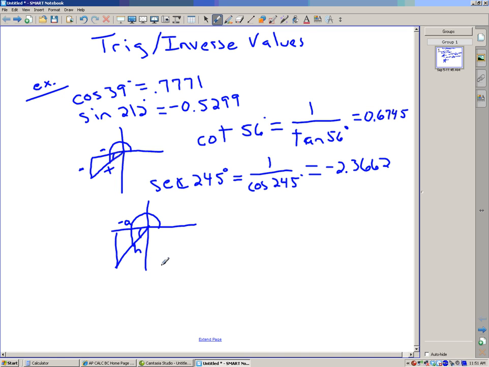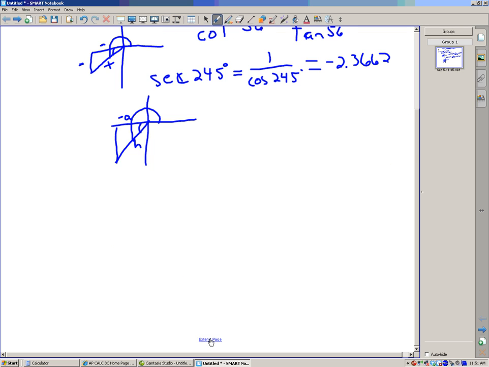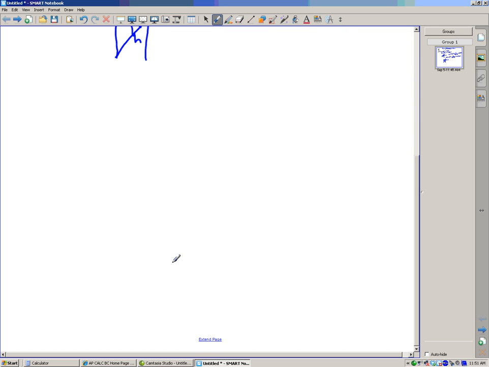So now let's go backwards, and I want to find angles if we know what the sine or cosine or what the ratio was. So let's start simple. Let's say that we knew that the cosine of some angle was 1/2. And what I want to do is go backwards and find the angle.